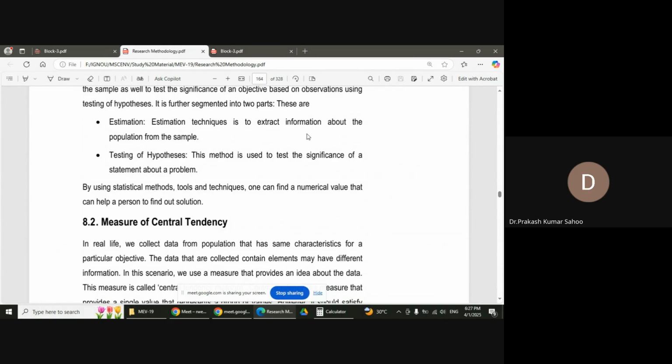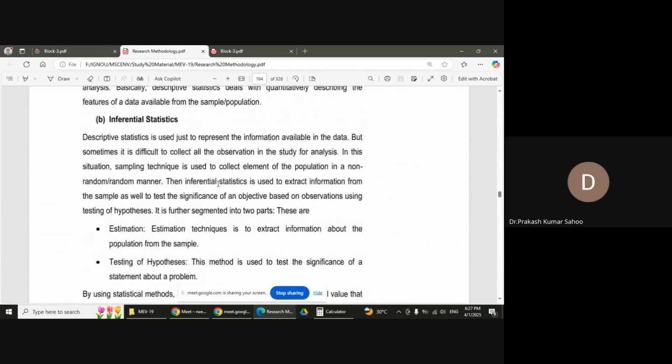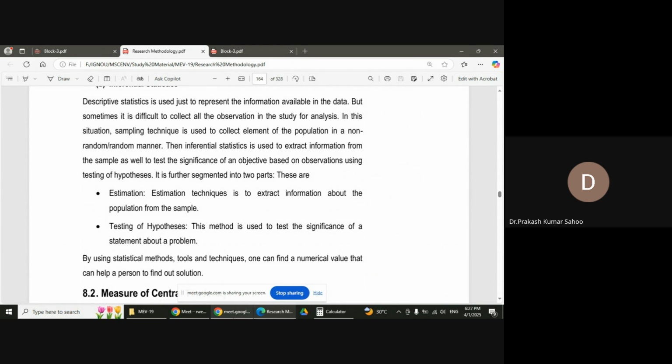The estimation technique is to extract information about the population from the sample, and testing of hypothesis is used to test the significance of a statement about a problem. This inferential statistics is quite relevant to our project work, but descriptive statistics is more useful for data interpretation or data analysis.